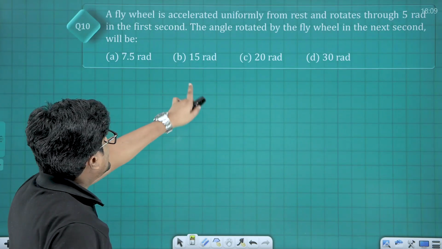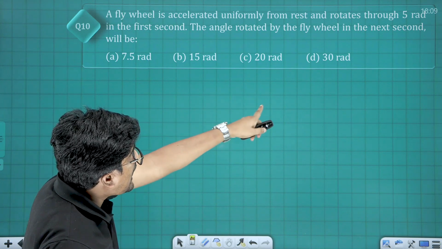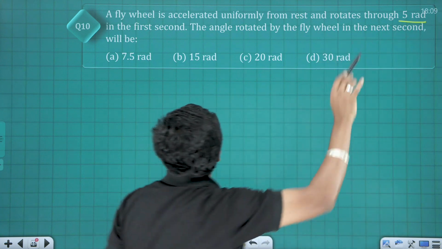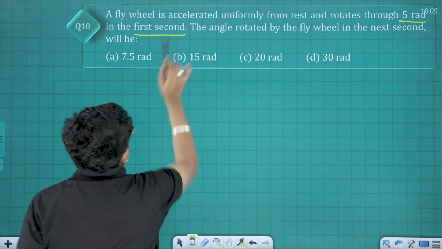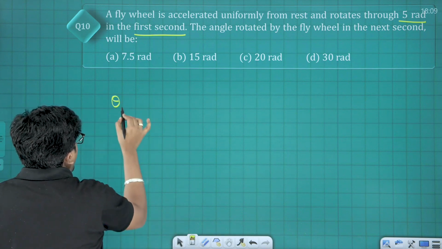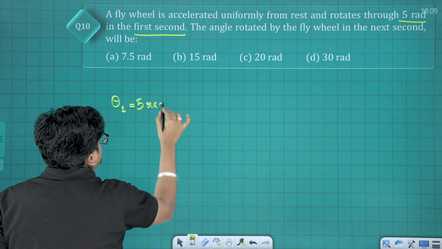Alright, now we are moving to the next, question number 10. A flywheel is accelerated uniformly from rest and rotates through 5 radian in the first second. So in the first second, the angular displacement is 5 radian.